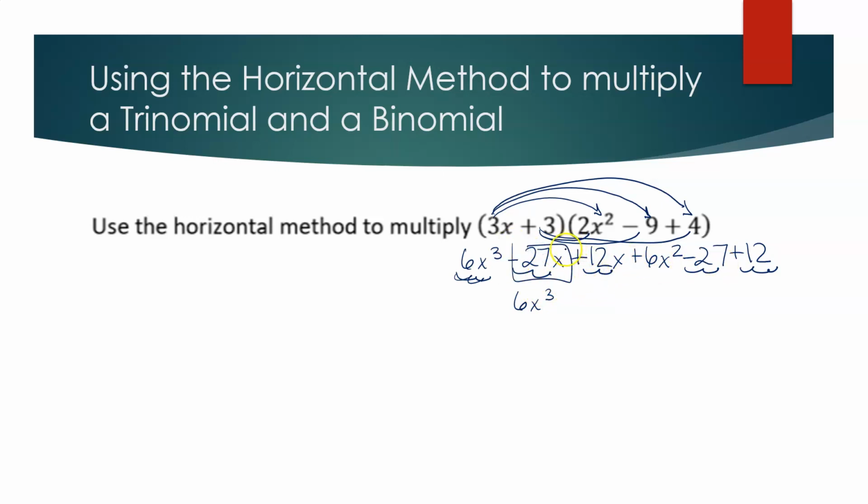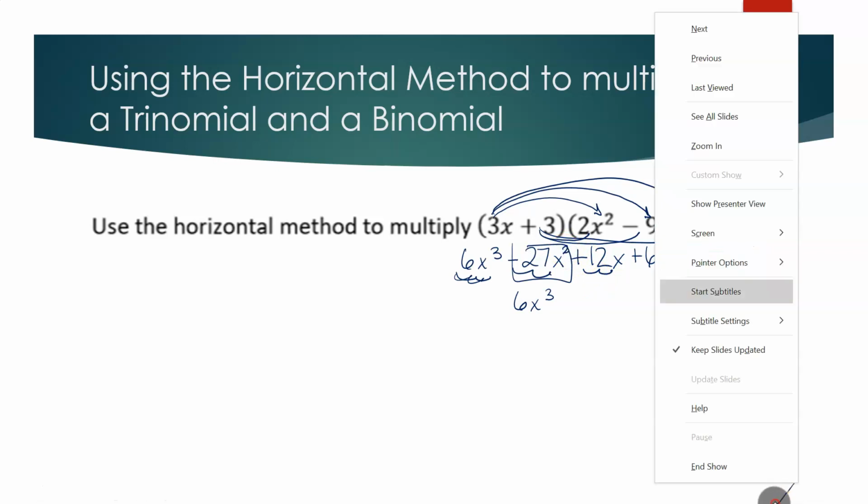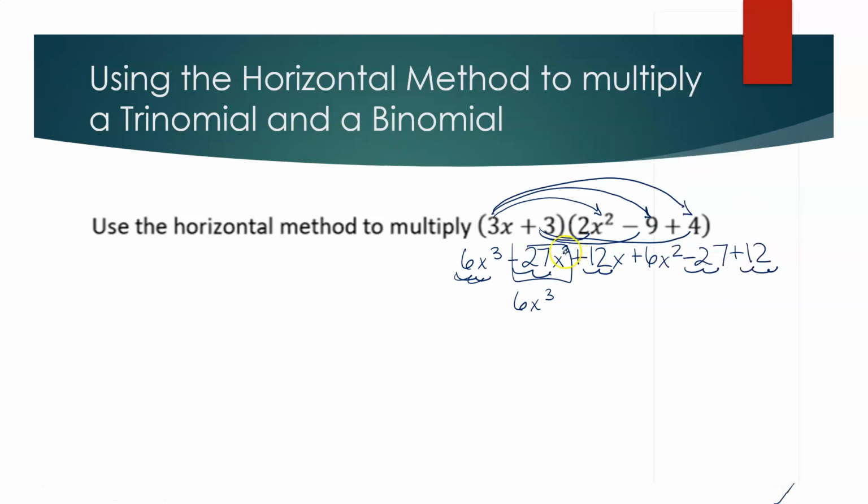It should be 6x squared. Sorry, I'm going to combine negative 27x and 12x. So negative 27 and 12 will give you 15 of the negative kind. So negative 15x.